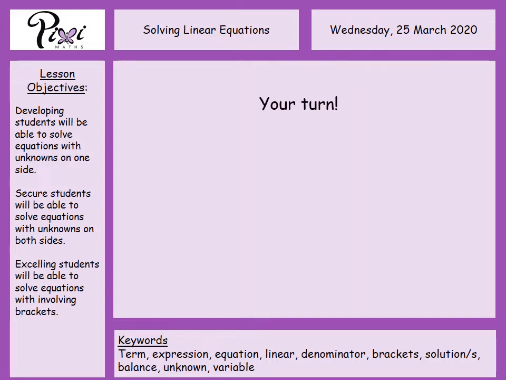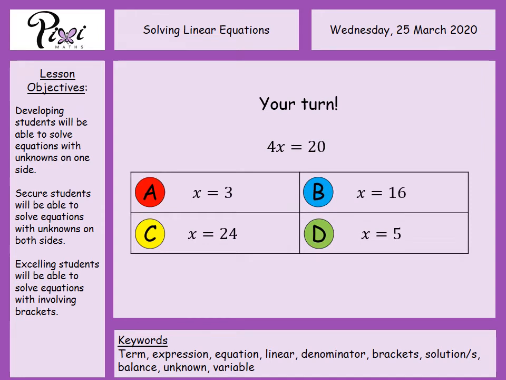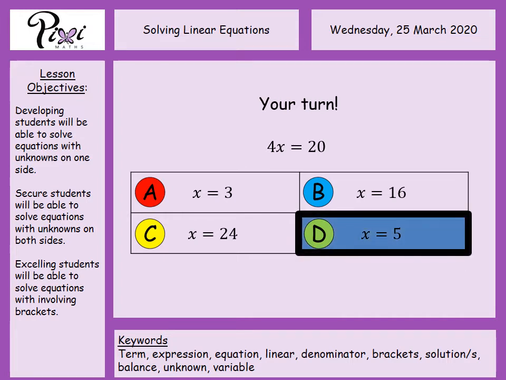Now it's your turn to solve this equation. 4x equals 20. What do you think? What is the answer for this equation? A, x equals 3, B, x equals 16, C, x equals 24, or D, x equals 5. Yes, the answer is x equals 5.